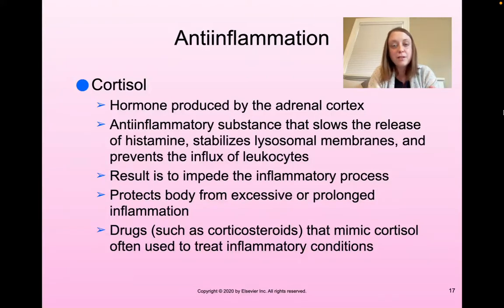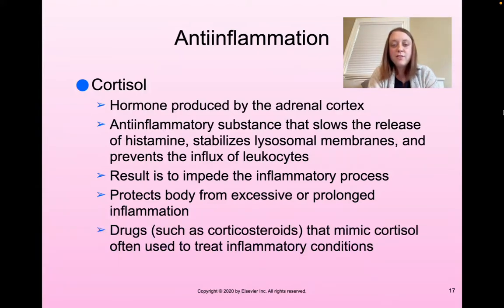So first that happens, but then the next step in the inflammation process is anti-inflammation, where the body steps in to help prevent this inflammation process from getting out of hand, to help prevent it from getting too bad. Cortisol is an important hormone that's released in this anti-inflammation process. It's produced by the adrenal cortex, and it's an anti-inflammatory substance.